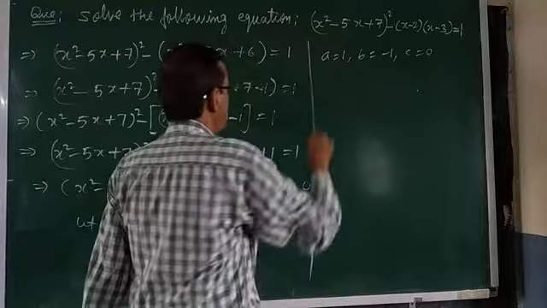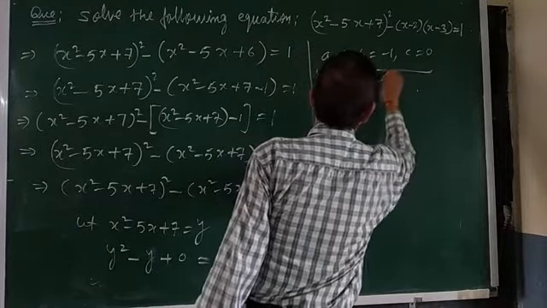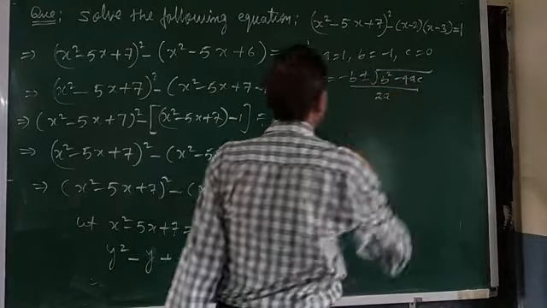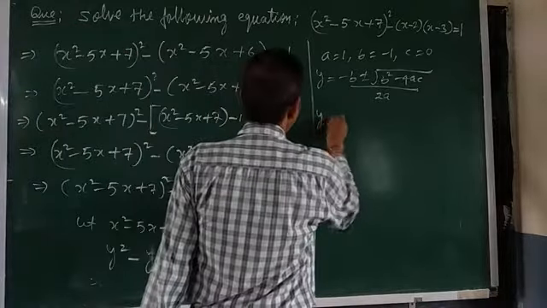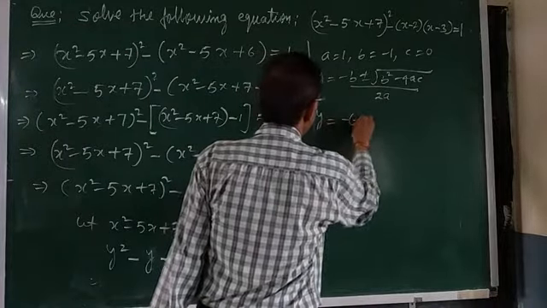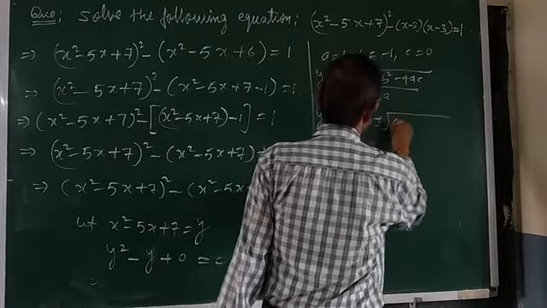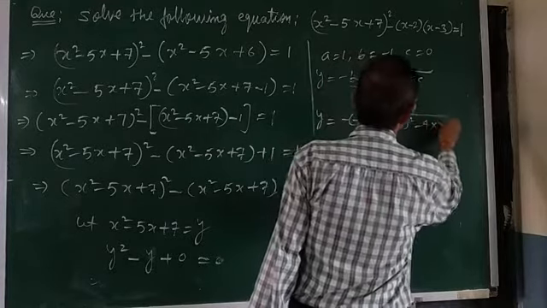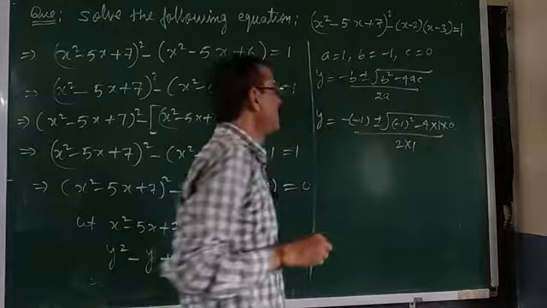Then we have to apply the formula. Which formula? y is equal to minus b plus minus under root b square minus 4ac whole upon what? 2a. We have to apply this formula. Put all the values in this. y is equal to minus of minus 1 plus minus under root b square, means minus 1 whole square, minus 4 into a means 1 into c means 0, whole upon 2a, 2 into 1.